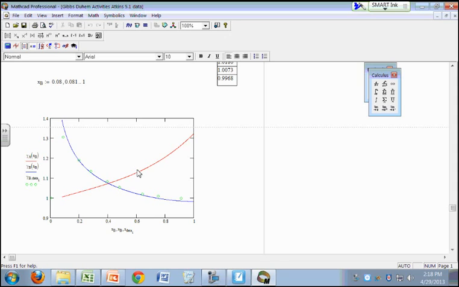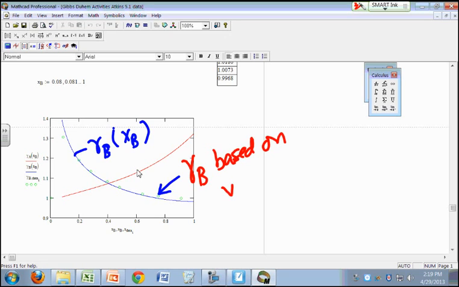This is the calculated gamma sub B as a function of x sub B. And your green dots here, your green circles, would be your experimental data. Actually, that's based on Raoult's law. So this is the gamma sub B based on the vapor pressure data.